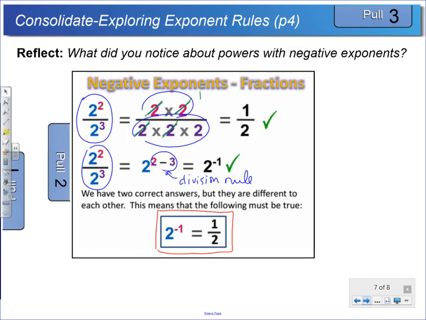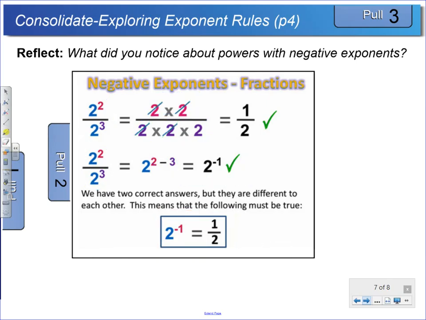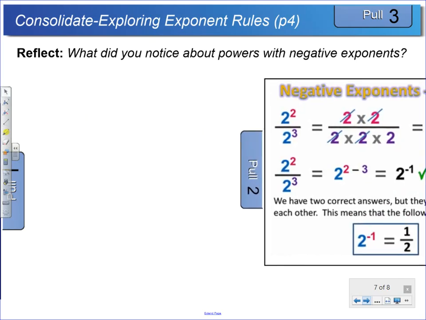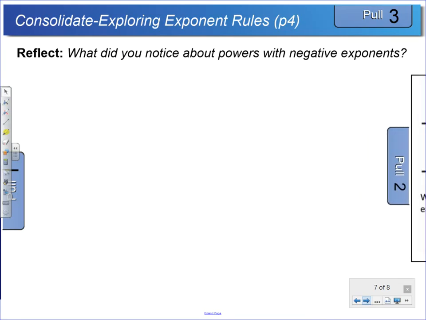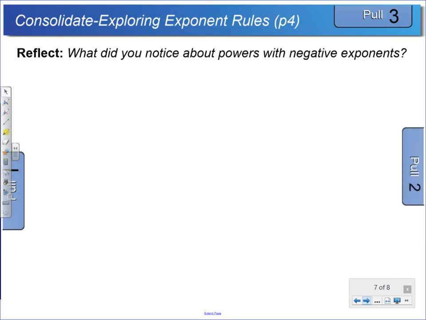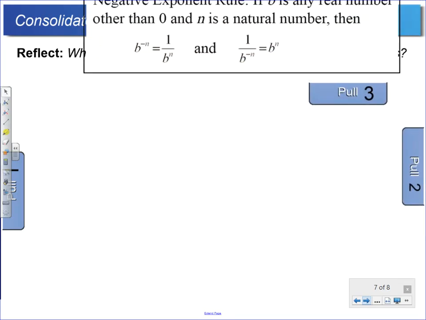Okay. So the grand finale, of course, would be a general rule. So again, remember to pause, take notes if you need to, but I will provide a copy of this last slide as it is quite detailed.